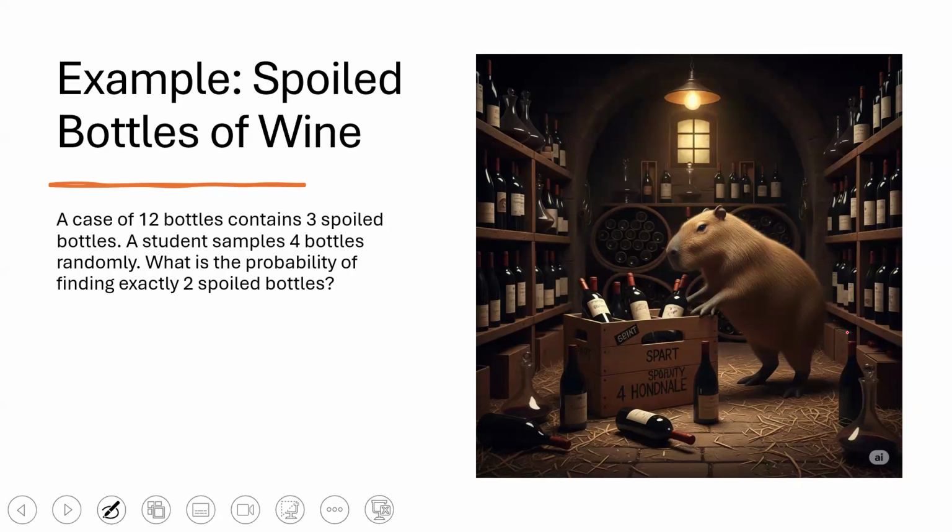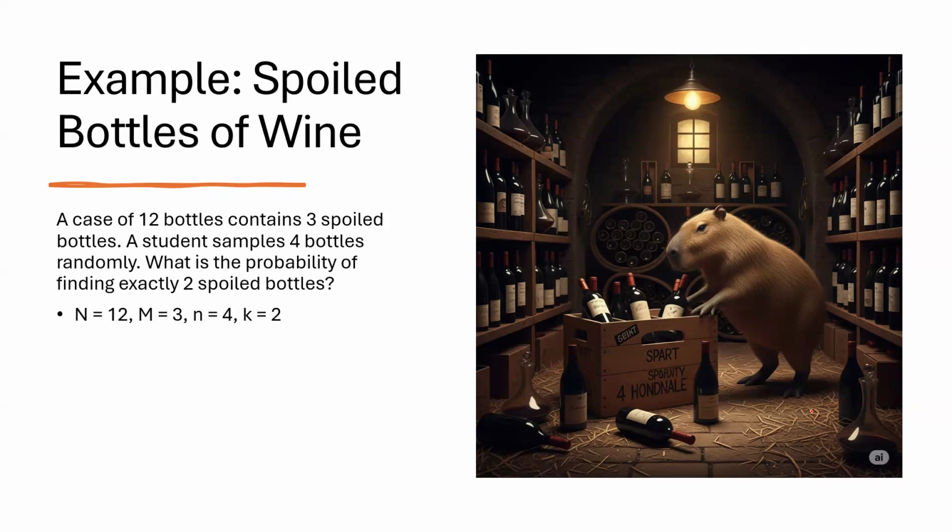Here's a practical example. A case of 12 wine bottles contains 3 that are spoiled. A student randomly selects 4 bottles to serve at a dinner. What's the probability that exactly 2 of them are spoiled? So this is a hypergeometric situation.